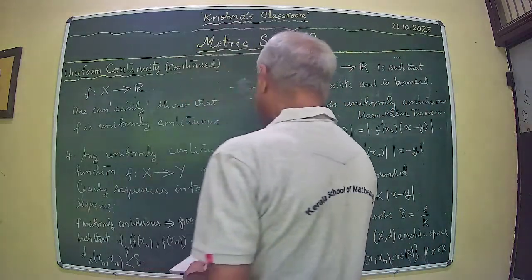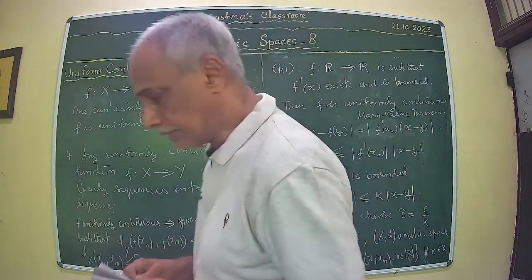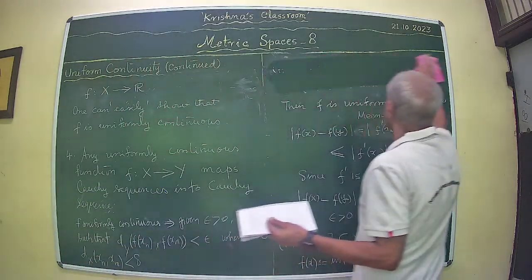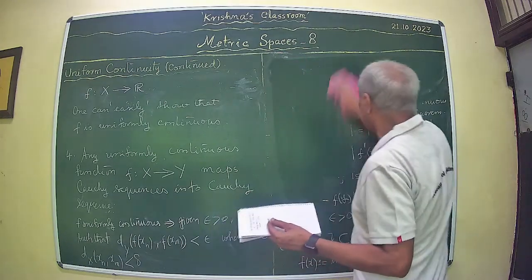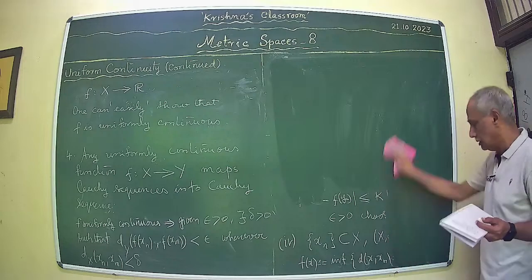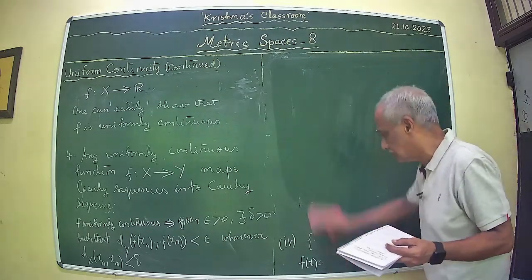So this is true for the given choice of epsilon, there is a delta. Now you use the Cauchy nature of this.